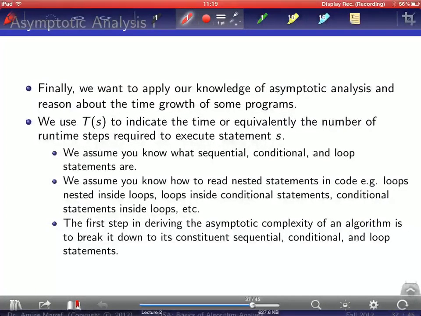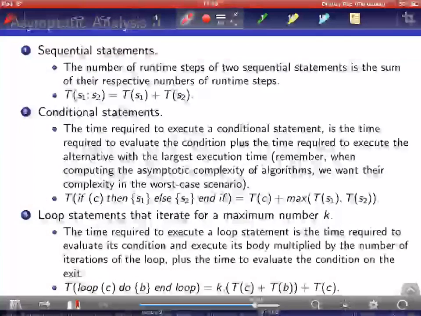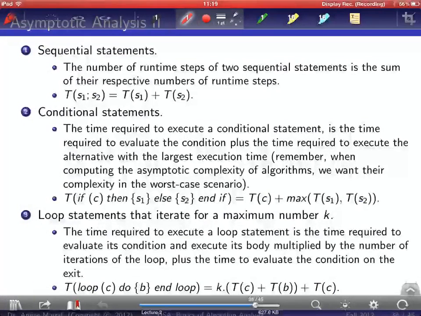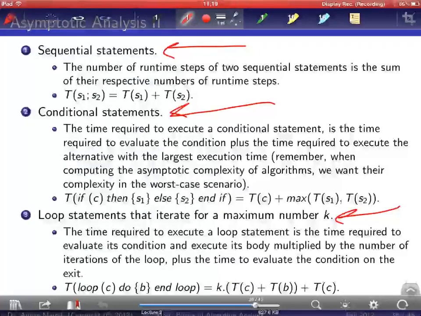Okay, so the number of steps of the two statements when they execute after each other is actually that plus that, right? This is what the rule is saying. If I have two statements executing after each other, then the total number of steps is basically the steps of the first and the second statement. Okay.